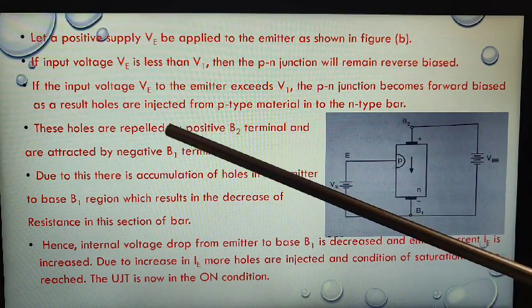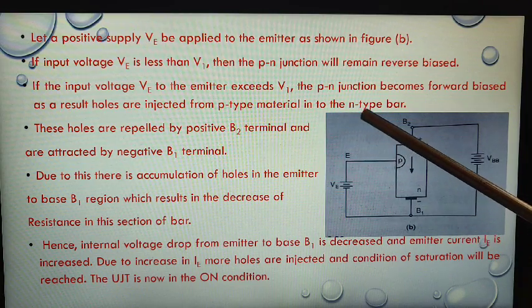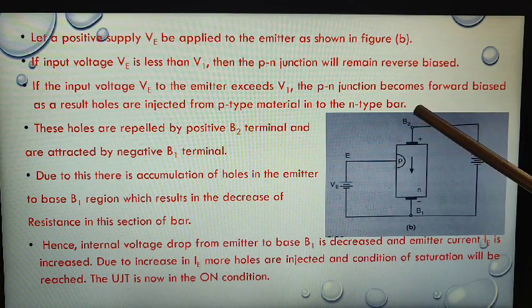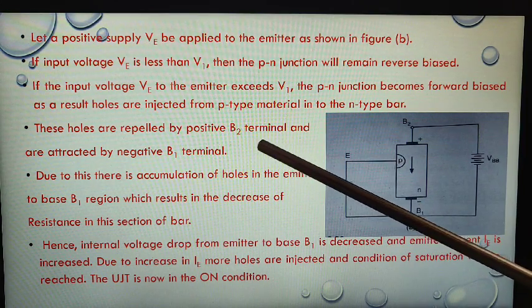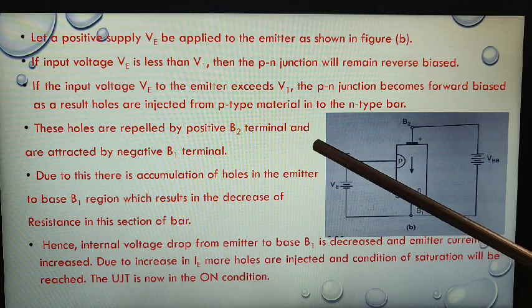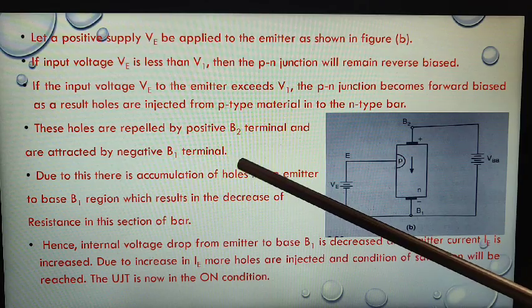As a result, holes are injected from the P-type material into the N-type bar. These holes are repelled by the positive B2 terminal and attracted by the negative B1 terminal.